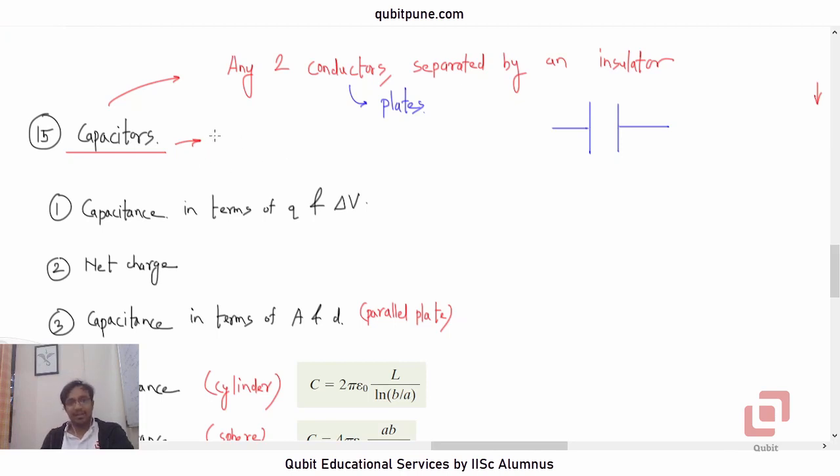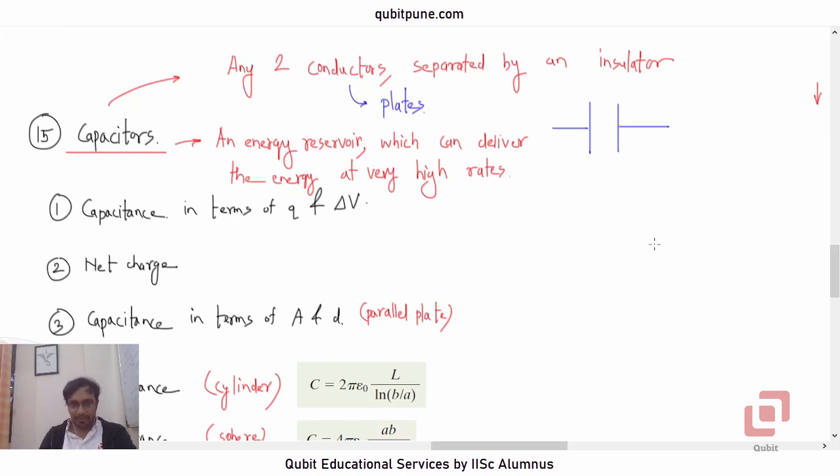So a capacitor is an energy reservoir, which can deliver the energy at very high rates, unlike a battery. That's why for flashes we use capacitors. We want the energy to be delivered within a very short span of time, so we use a capacitor there.